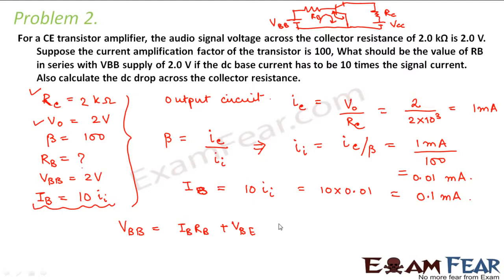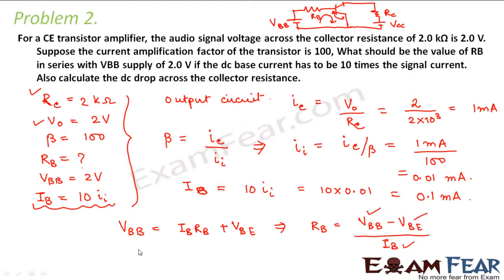Now from this expression we can calculate the value of RB. This will be equal to VBB minus VBE divided by IB. Now VBB is given, IB we have calculated. What is VBE? We have already mentioned that VBE is nothing but the cut-in voltage, which is approximately equal to 0.6 volts.